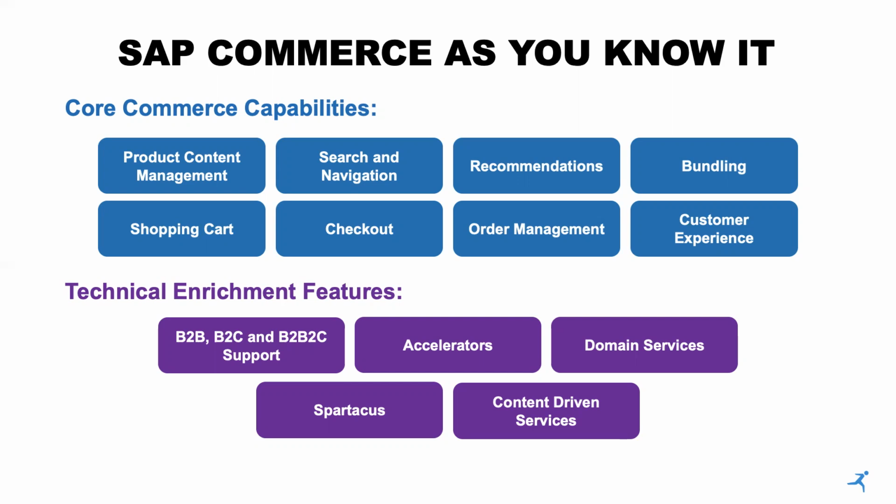The technical enrichment feature sets that are available from the Commerce Cloud are quite a few. Just to pick up a few, we've highlighted accelerators here, which basically help you in the overall time to market for your storefront. SAP Commerce comes with multiple different accelerators, whether that be B2C, B2B, as well as different industry verticals, starting from finance, retail, telco.